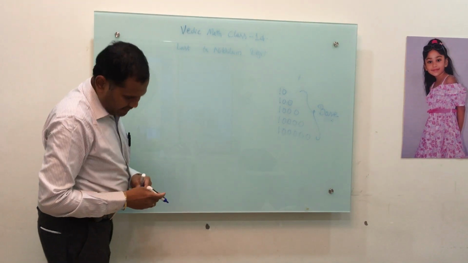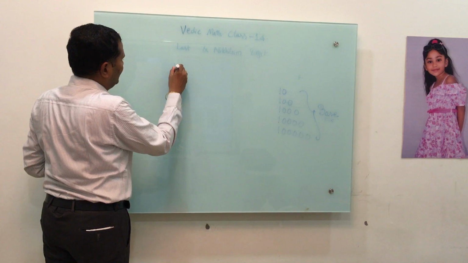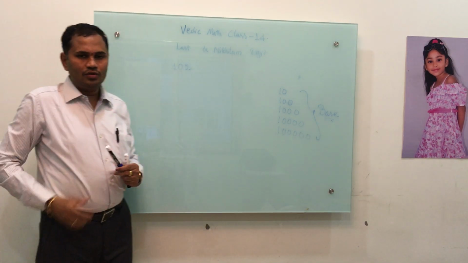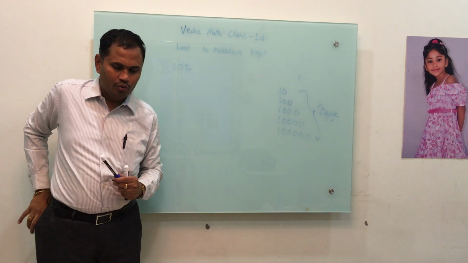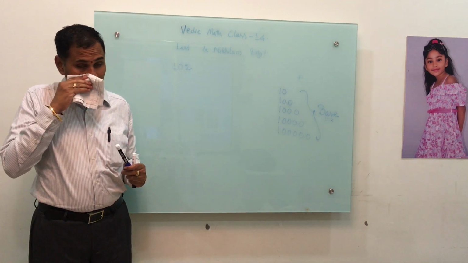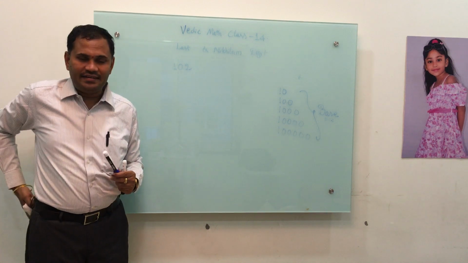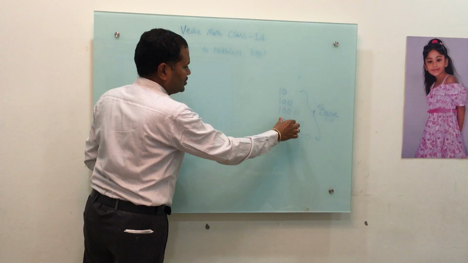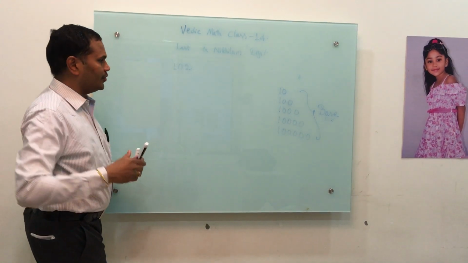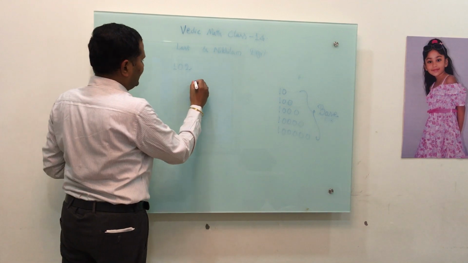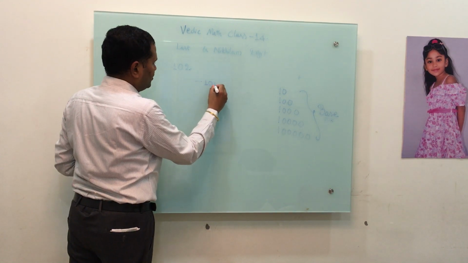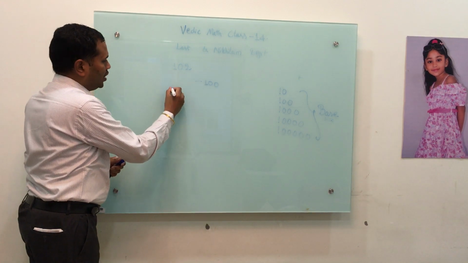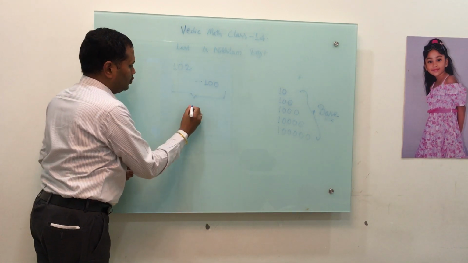Now let us take 102. Can anybody identify the closest base for 102? What is the closest base for 102? It is 100, because the base numbers are 10, 100, 1000, 10,000, 1 lakh, 1 crore and so on. The closest base is 100. If you subtract this closest base from the number given, what you get is 2.